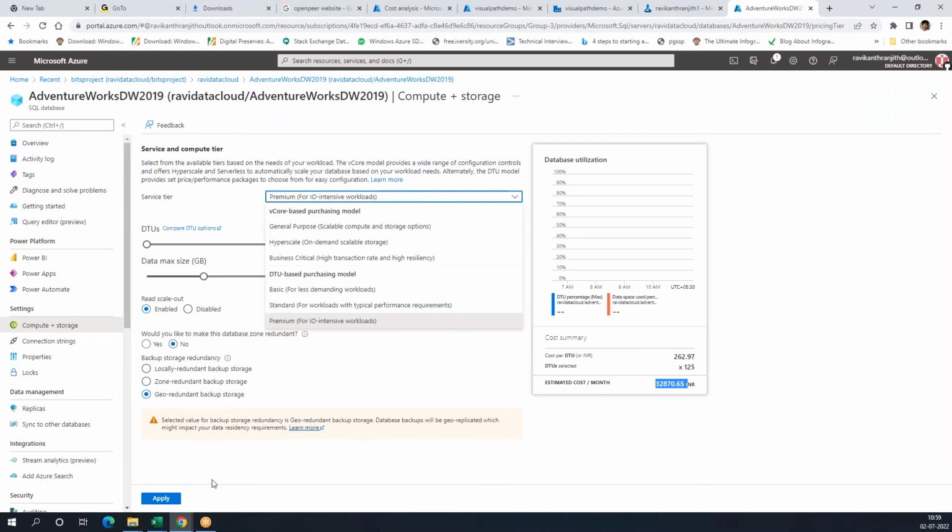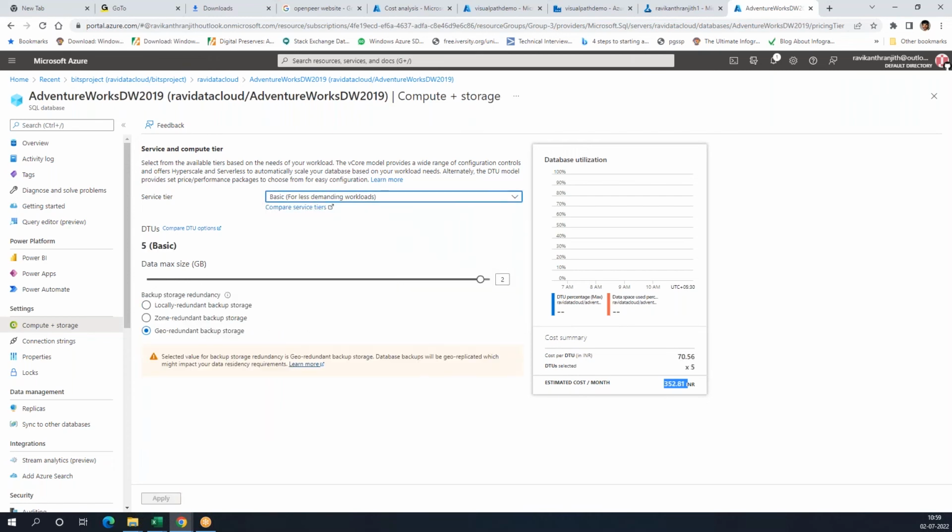But for our purpose, for the demo purposes, we need not go for that. It's more of a basic tier that we can go for the demo purposes. But I'm just letting you know, this is how you will have options to scale up and scale down. That is where you can actually save some money for your enterprises.